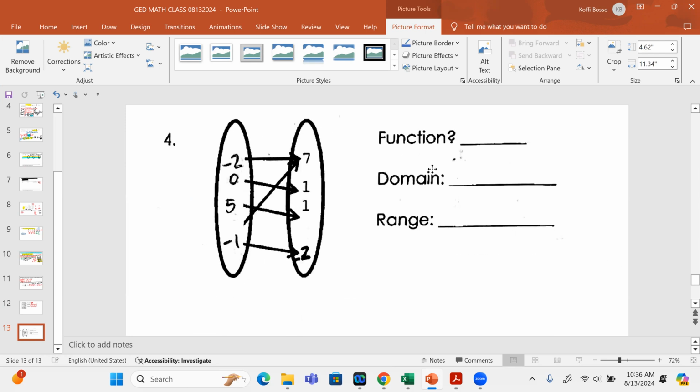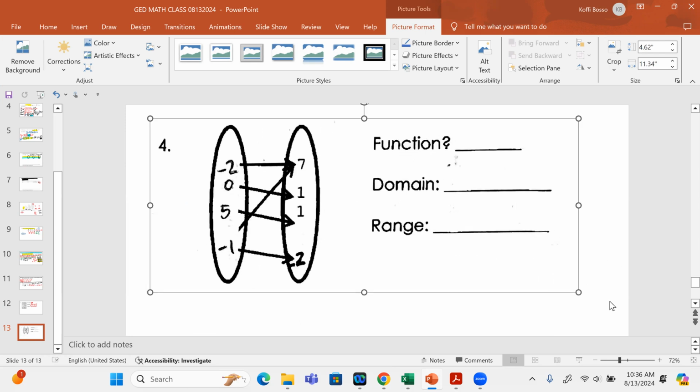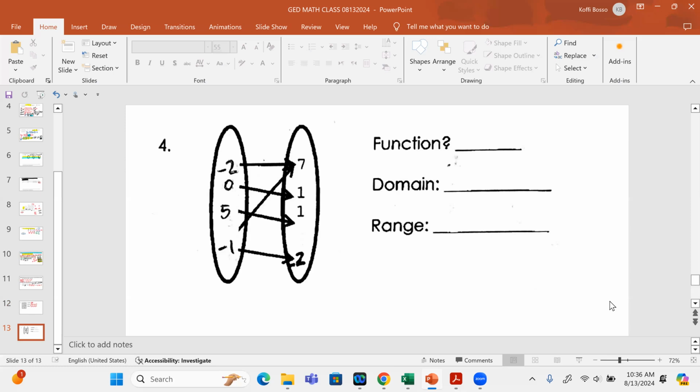Okay, this is another type of a question you could have. And they want to know if this is a function. Yes, no. It's not just to say yes, no. You have to explain why it's a function, why it's not.